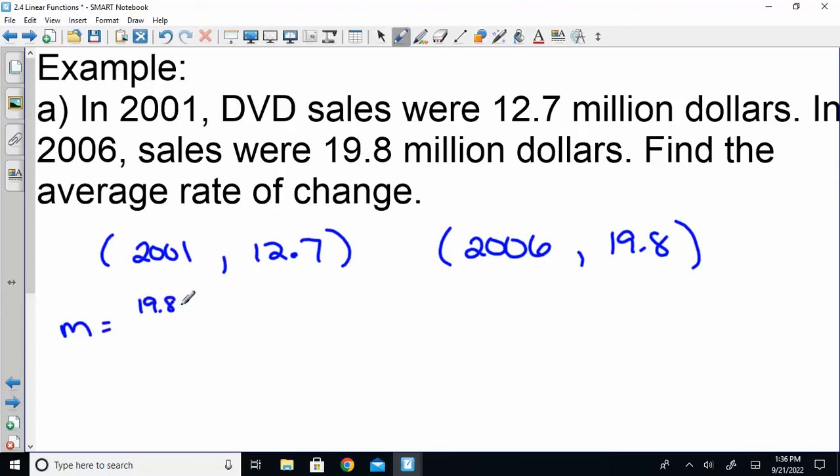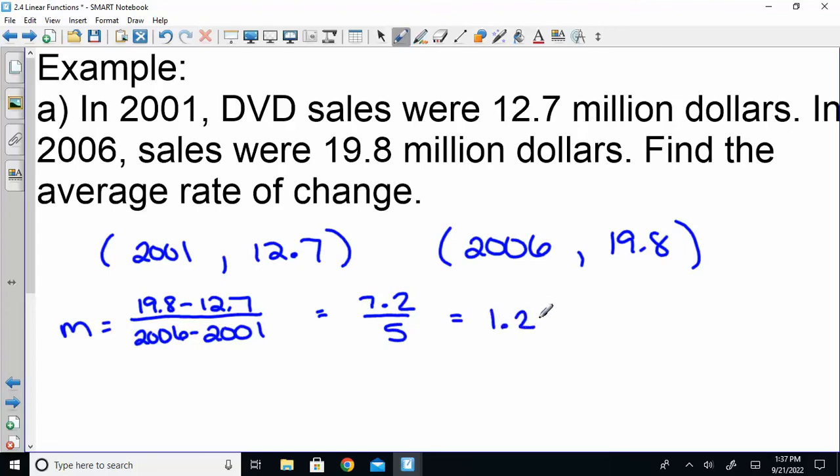Y sub 2 minus y sub 1 over x sub 2 minus x sub 1. 1.24, if my math is right.